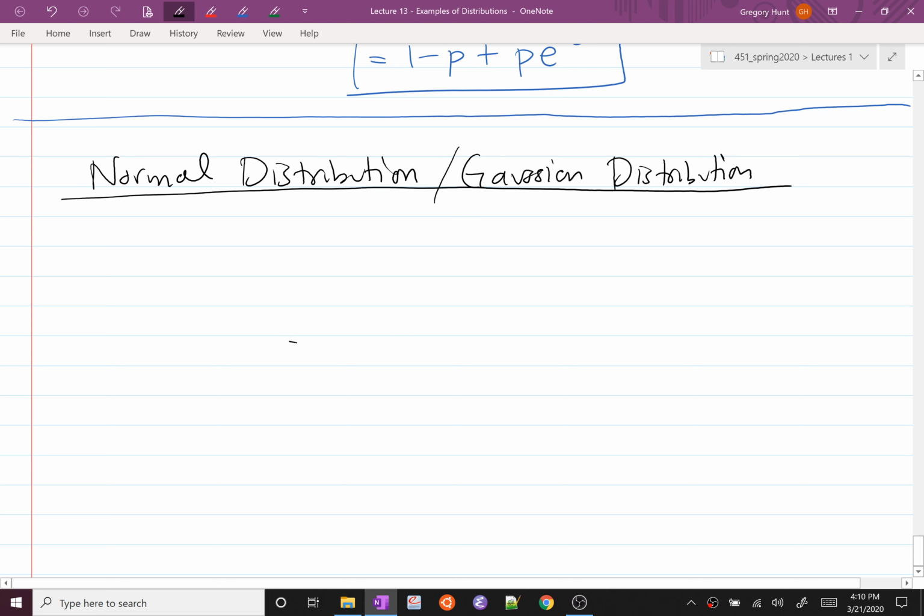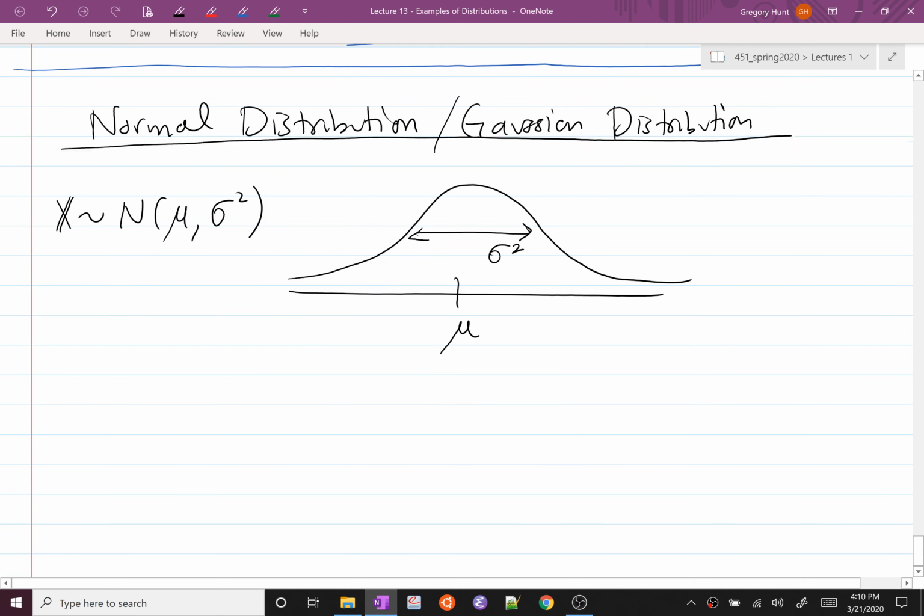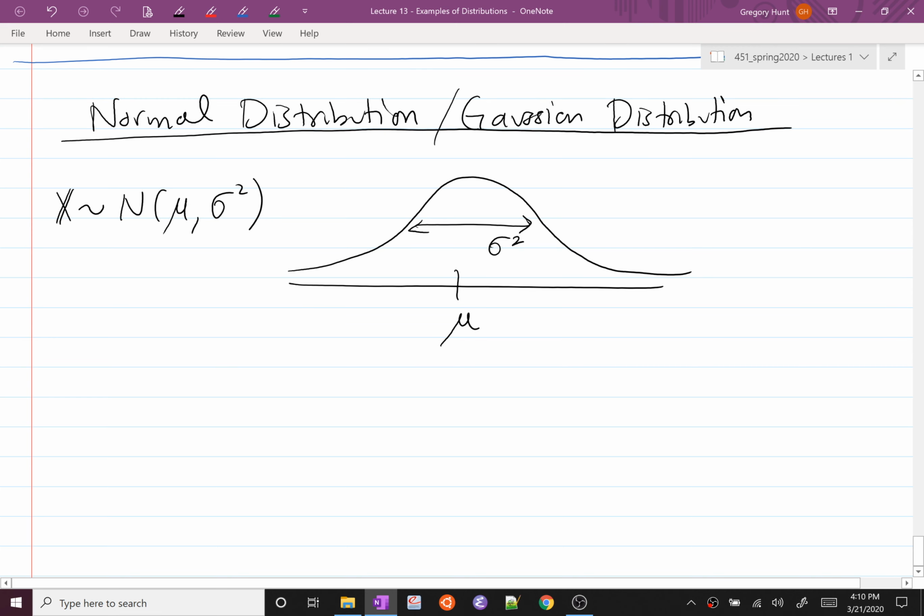It has the famous bell curve shape. It has a mean we derived of mu, and it has a variance that determines the width of this peak, sigma squared. So we write x distributed normal, mu, sigma squared, and those are the mean and the variance. We showed a couple of things previously.